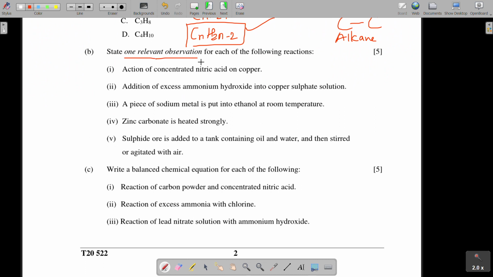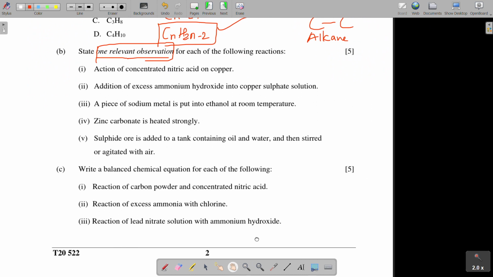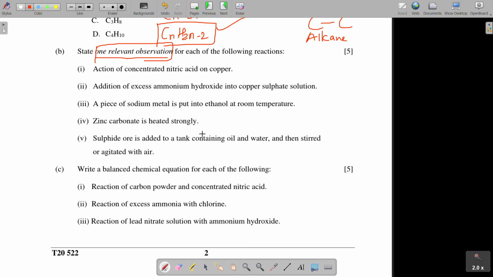State one relevant observation for each of the following reactions. Very important question. Definitely there will be a question on observation. Always remember, observations means what they are asking you is visible changes.